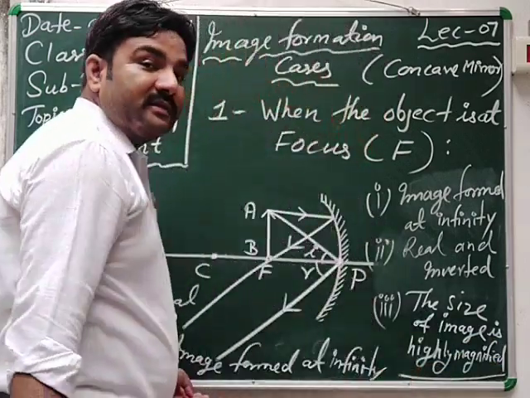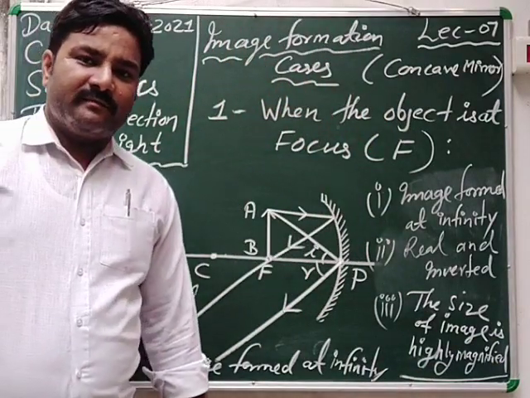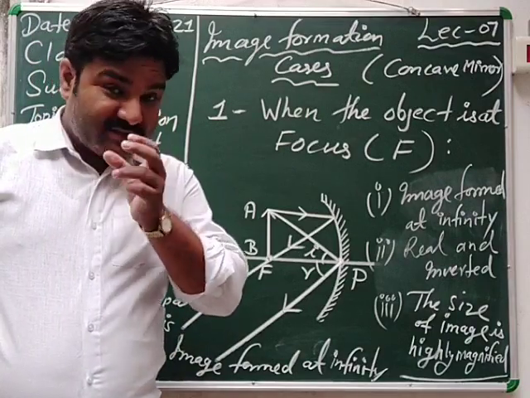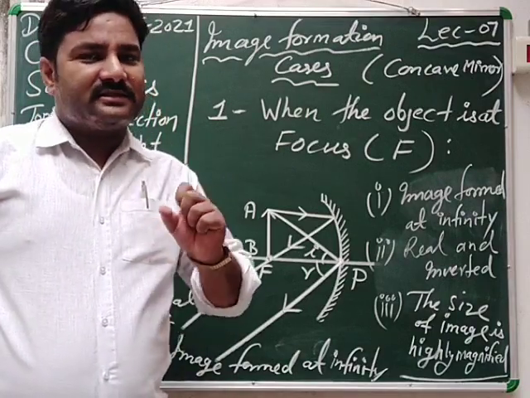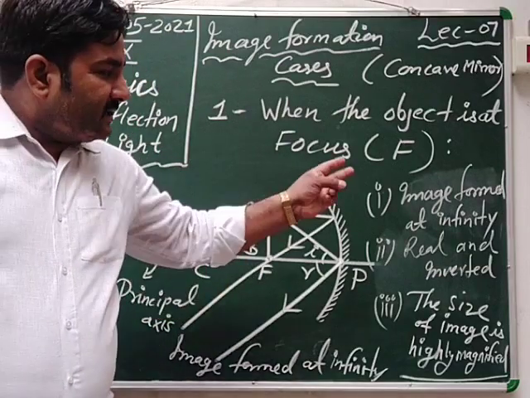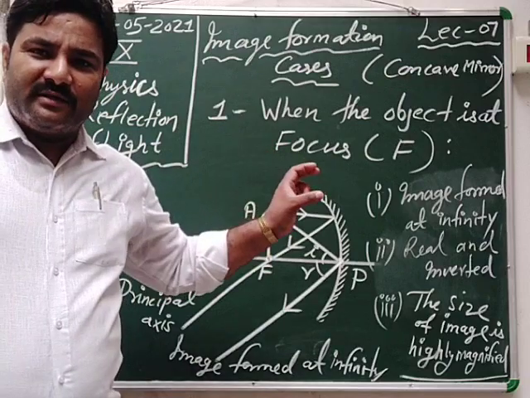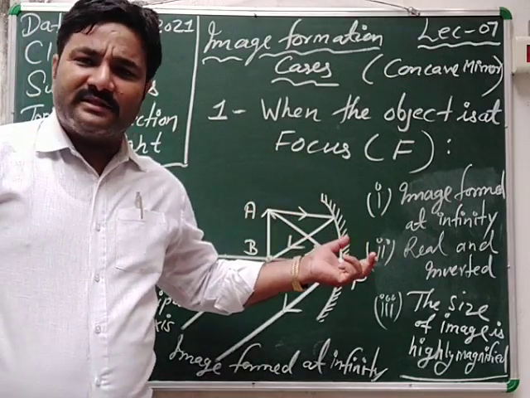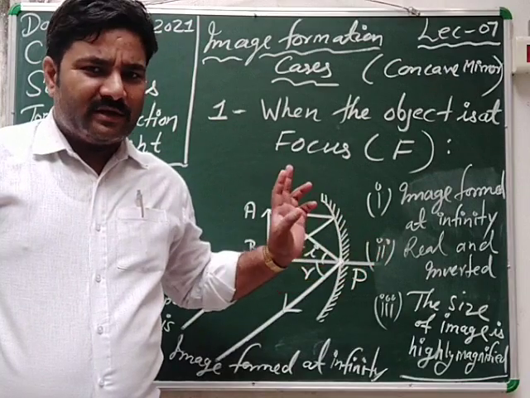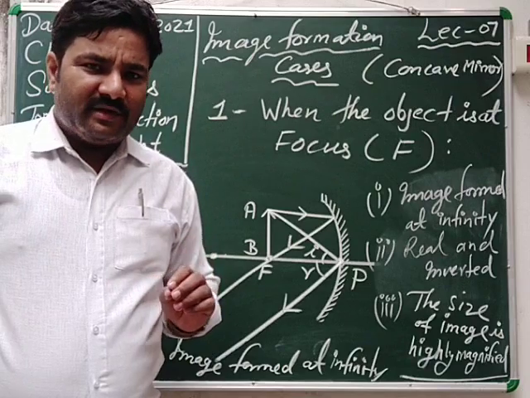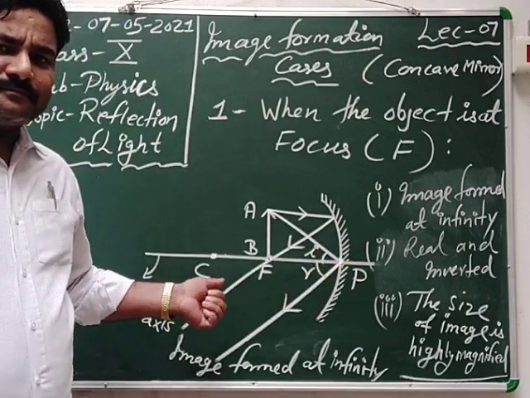Clear? These are the 3 important points related to the image. In all cases we have to focus only on 3 points: where the image is formed, what is the particular nature, either real or virtual, anyone can be possible, but here it is real.